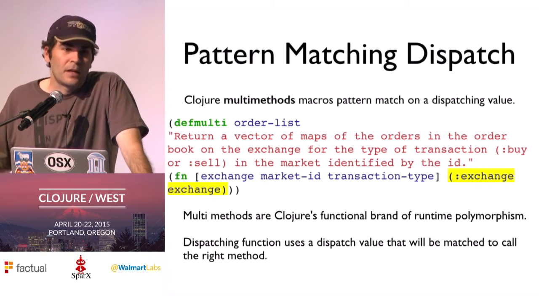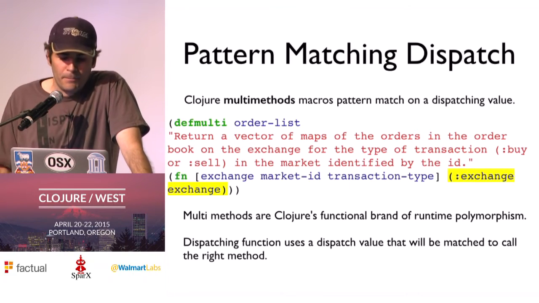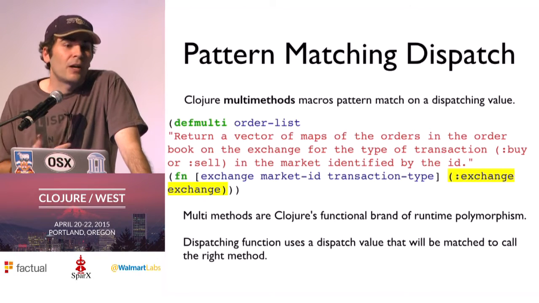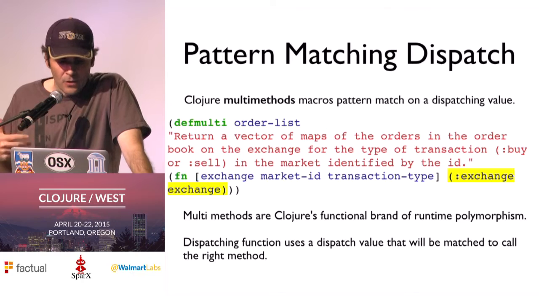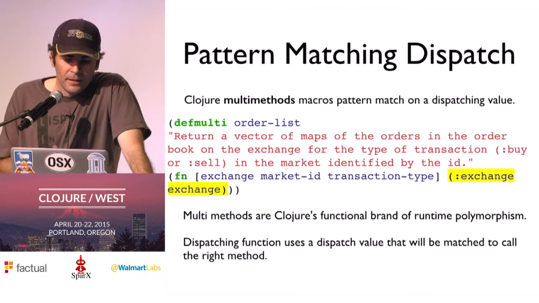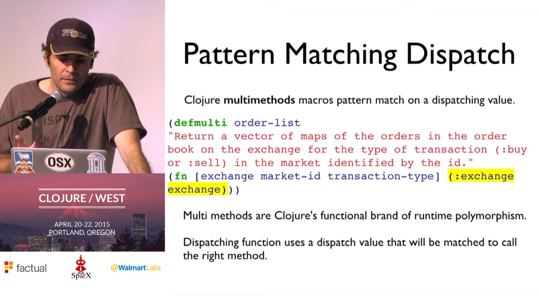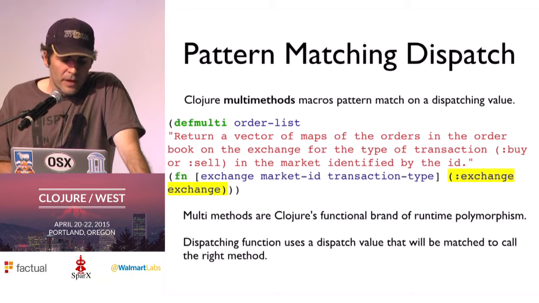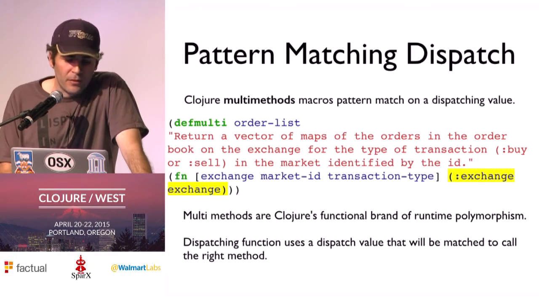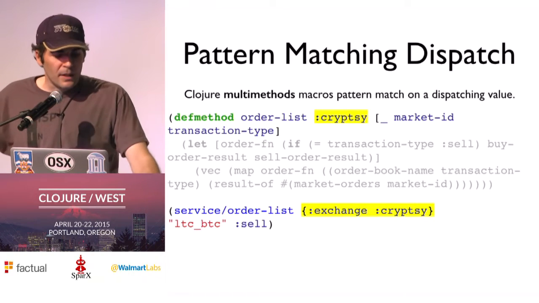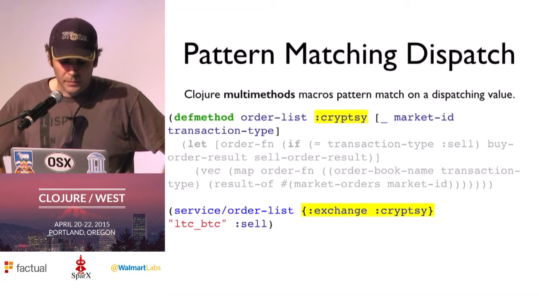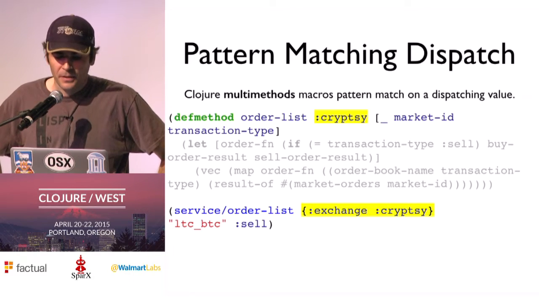And at runtime, you're going to select the right one based on a dispatching value, a value of your data that's going to point you to the right function implementation. So that's how multi-methods work. And the highlighted part there is where I'm defining within the multi-method what the dispatching value is going to be. In this case, the value of the exchange key. And so when I call that, at the bottom there, you see order-list being invoked with exchange as crispy.